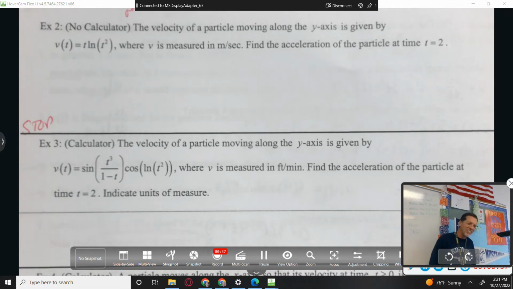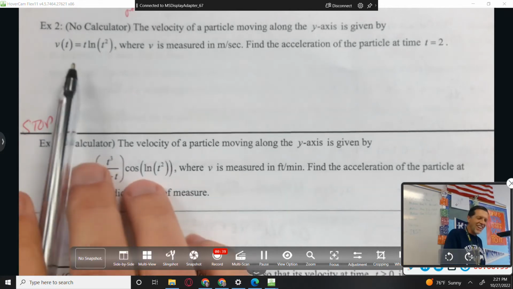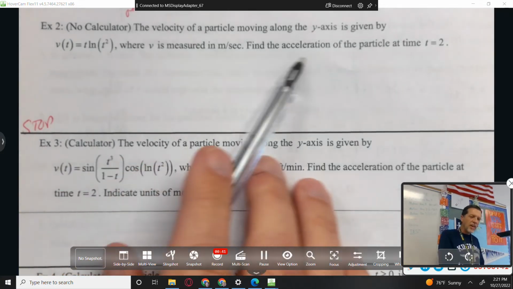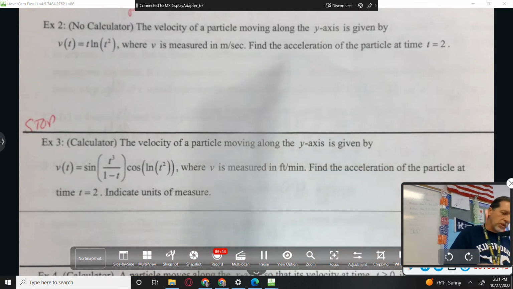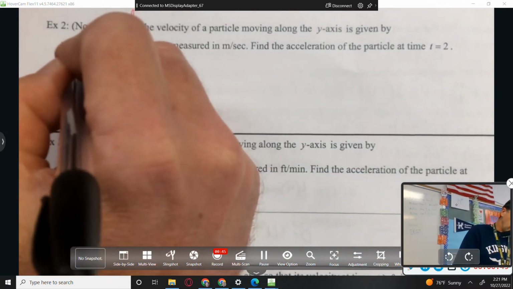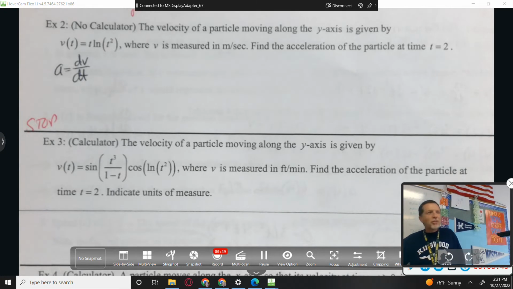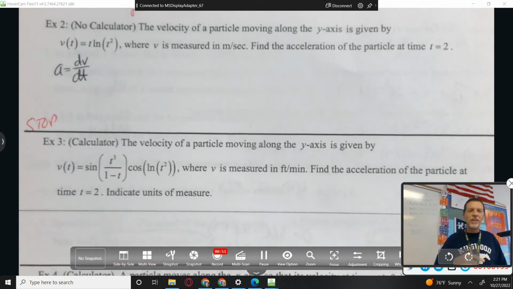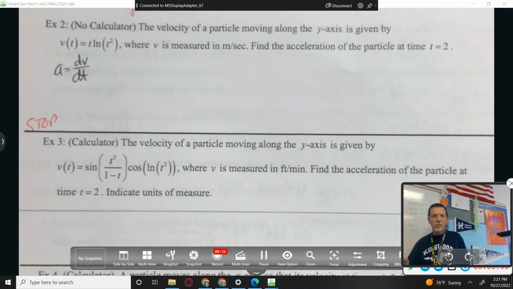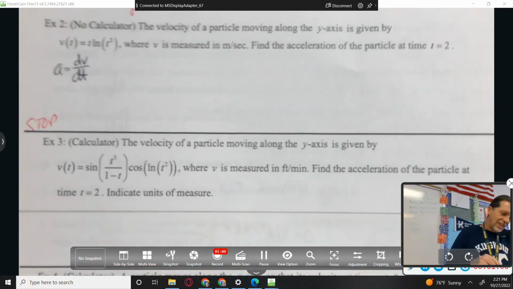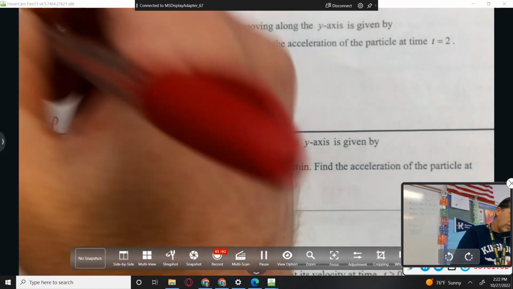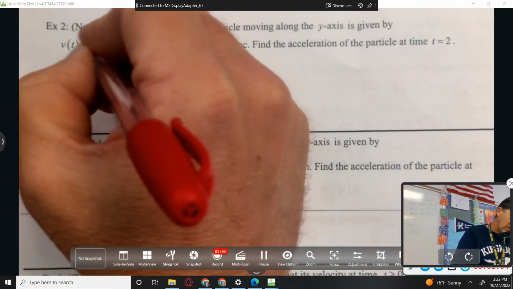Anyway, example number 2. Here's the velocity. Find the acceleration at time equals 2. Conceptually, this isn't too bad of a problem, right? Because acceleration is the derivative of velocity. Then we'll plug in 2. And the trouble is, the derivative of velocity is product rule, with natural log involved.